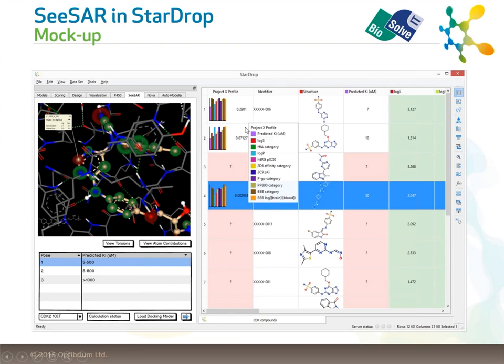And of course, include that information in the multi-parameter optimization, the probabilistic scoring, so that we can look for compounds with a high predicted or estimated Ki with all of the other properties as we're designing and considering 3D strategy for optimization.